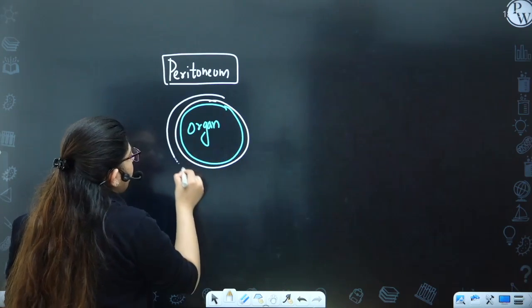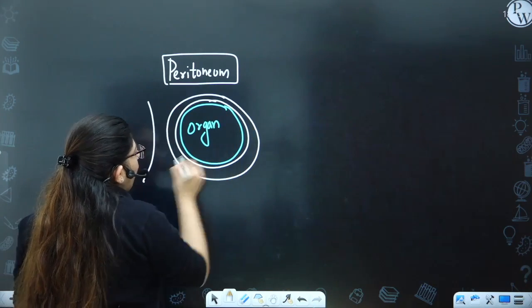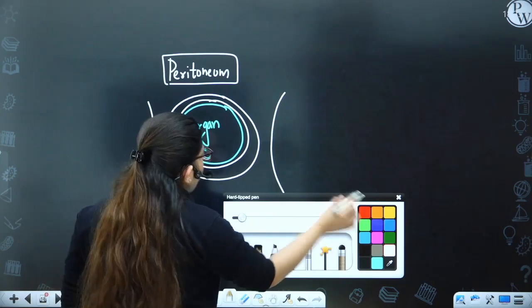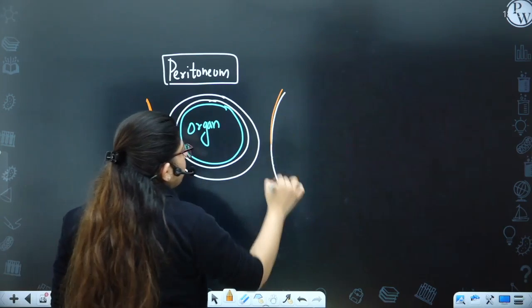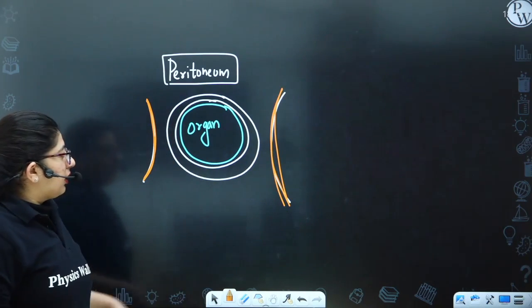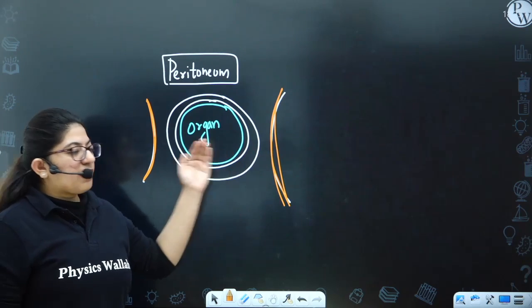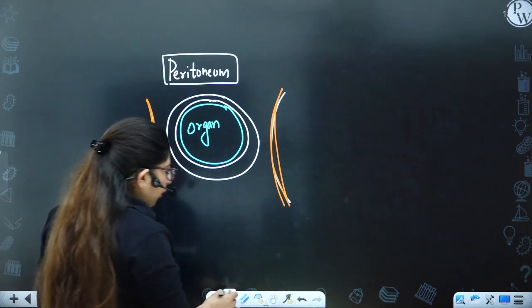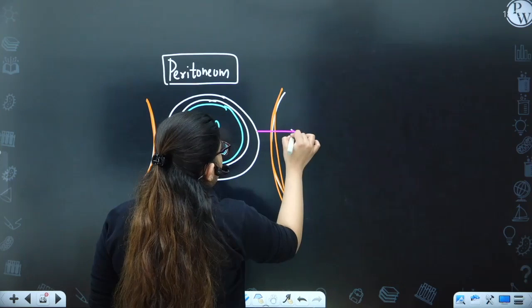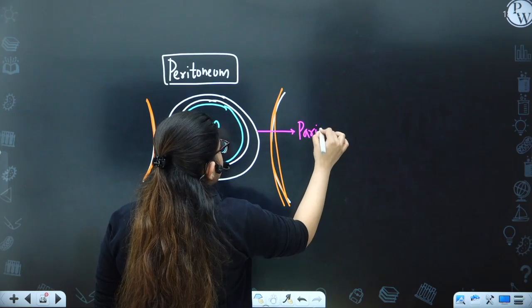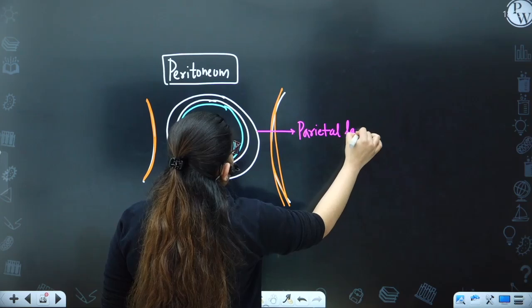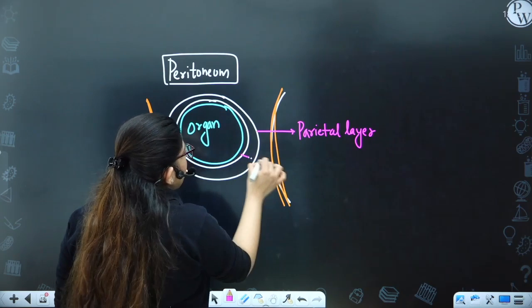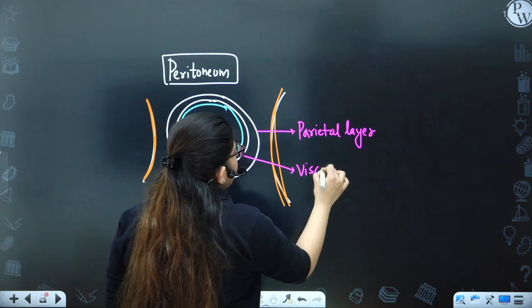So if this is the body wall, this is your body. For example, this is my lung, this is my body wall. So one layer is present towards the body wall. This one is your parietal peritoneum, or it's the parietal layer. Whereas the one which is present towards the organ, this is a visceral layer.